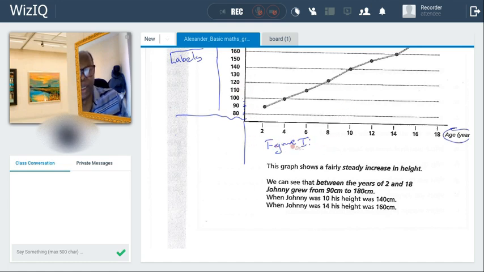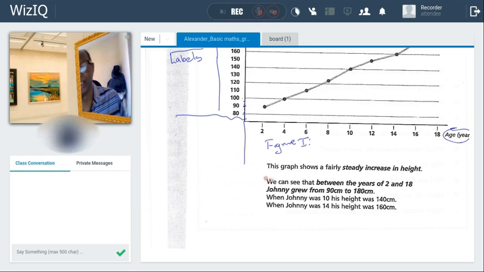Yeah, so showing the ages from 2 to 18, or changes in the height as the age is increasing. Okay, so now generally, as you can see here on the graph, as the age is increasing, the height is increasing, and that's what we expect.